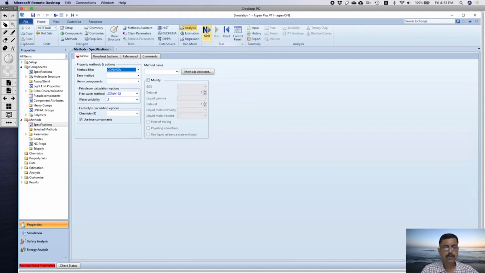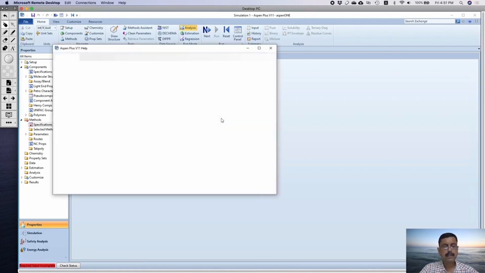and we have to see what are the property methods that we can use. Now we have a method assistant. We can take the help of method assistant. If you know what method you should use, you can directly look for it. Otherwise, you can take the help of method assistant.